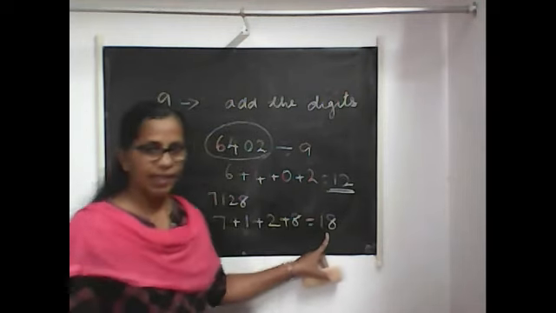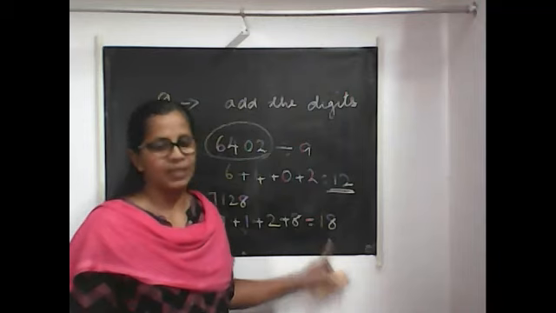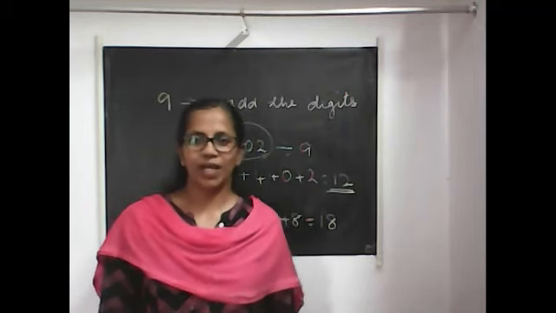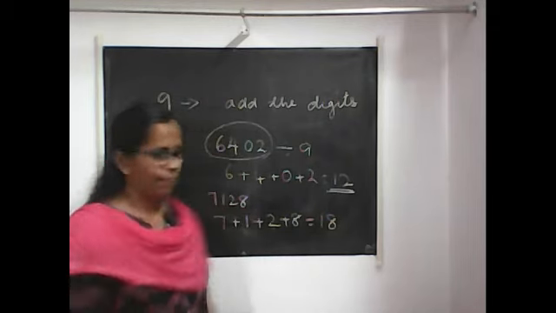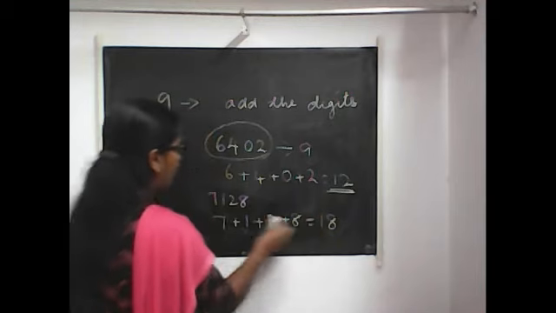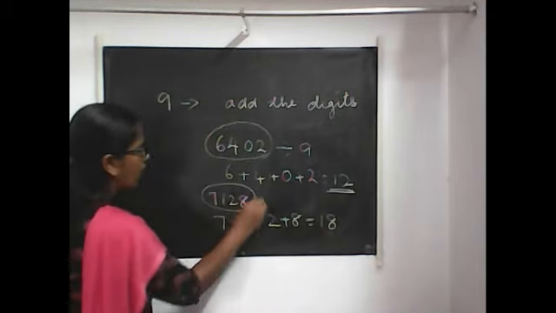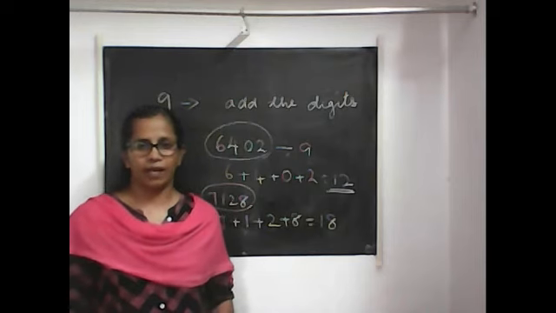Look at 18. 18 is there in 9's table. Yes, 9 1s are 9, 9 2s are 18. That means 18 is exactly divisible by 9. So the given number 7128 also will be exactly divisible by 9. I hope this is also clear for you.